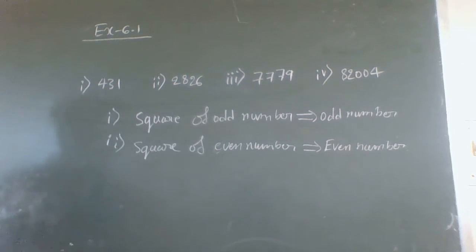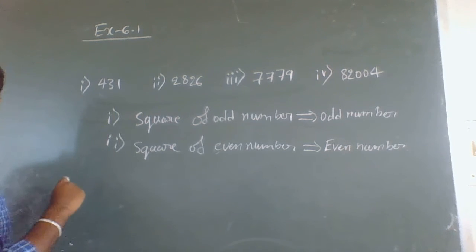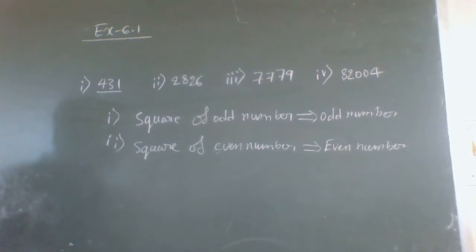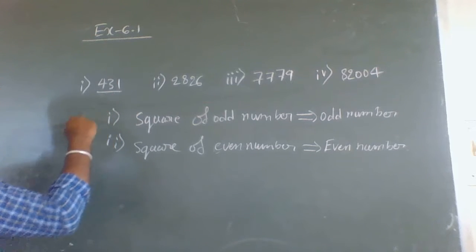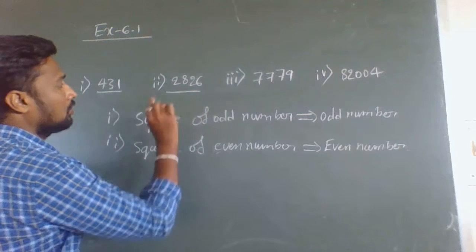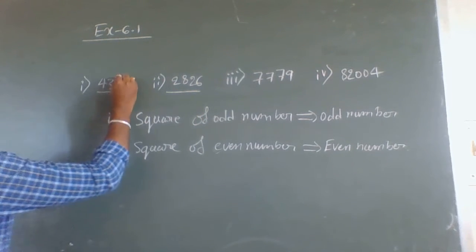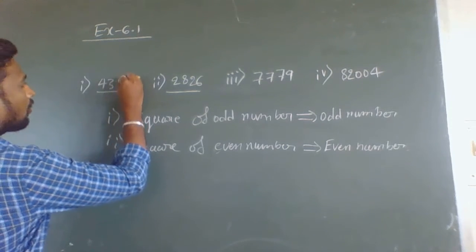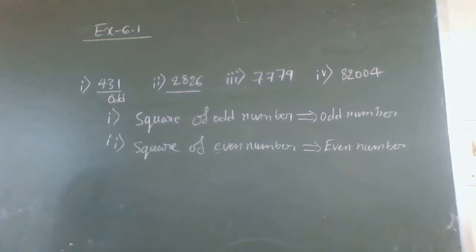So here you just have to check which of these numbers are odd numbers. 431 is an odd number, so the square of 431 will be an odd number only. Like that, this is an even number, so the square of this number is an even number only. The square of this number is an odd number. Here I will write odd number, because we should write the reason: the square of an odd number is always an odd number only.